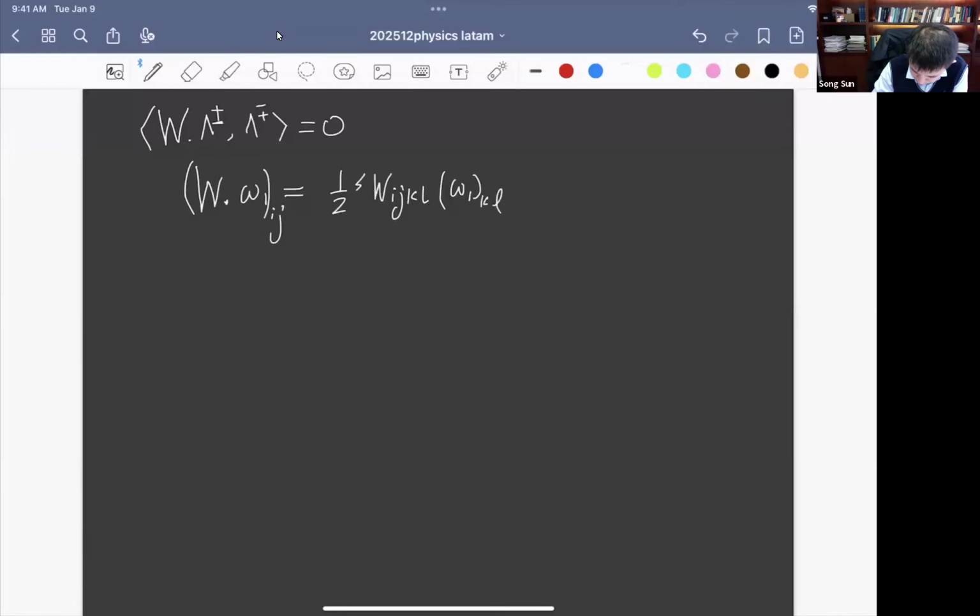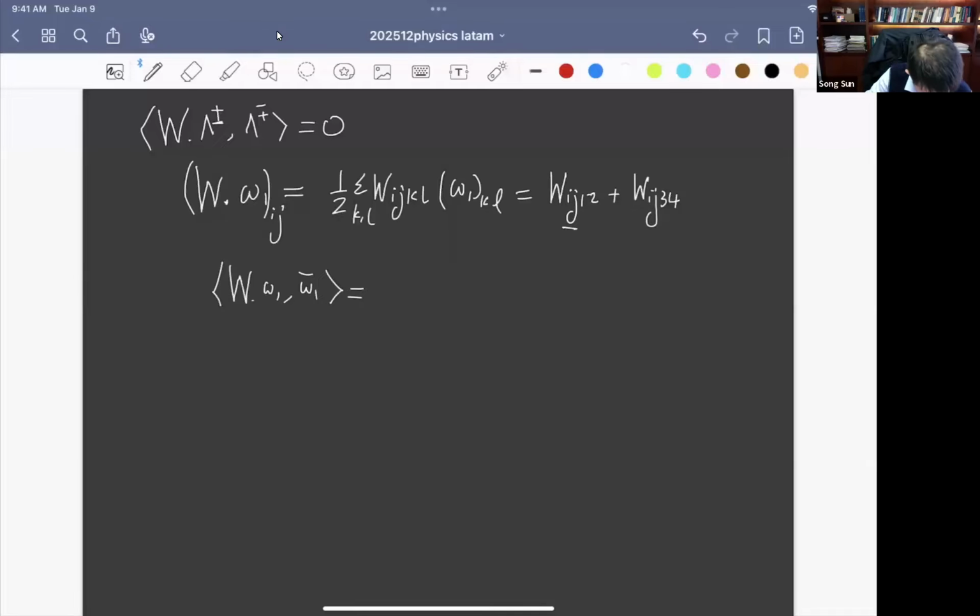But omega 1 has only the 1, 2 and 3, 4 components, and then you just get W ij12 plus W ij34. Again, the 1/2 disappears because you have 1, 2 and 2, 1, the same. Then take the inner product of W acting on omega 1 with omega 1 bar, which has only e12 minus e34.